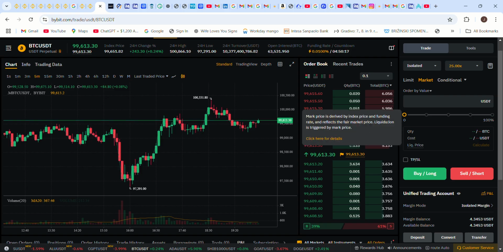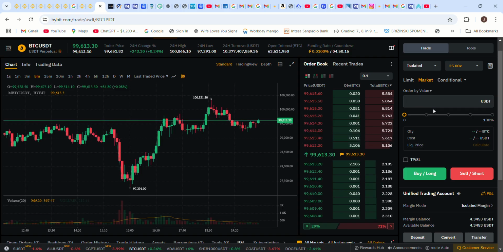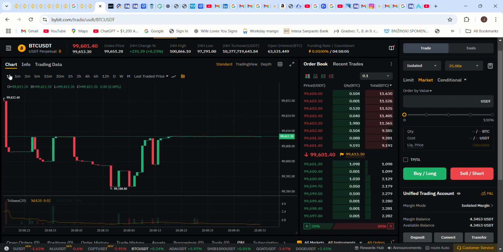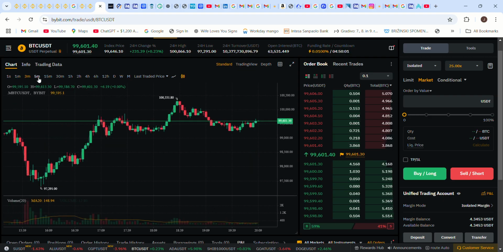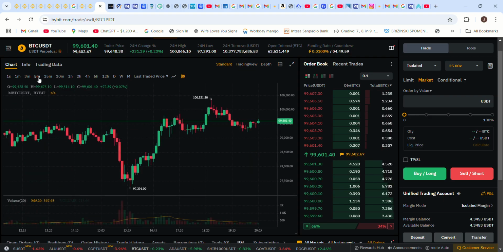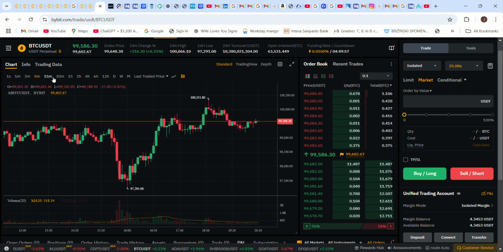Okay, what are the principles, and what is the main thing that you have to understand? So here you have a graph. The graph can be from 1 second, 1 minute, 3 minutes, 5 minutes, and so on, 15 minutes to a month.